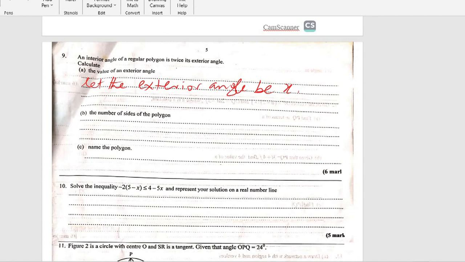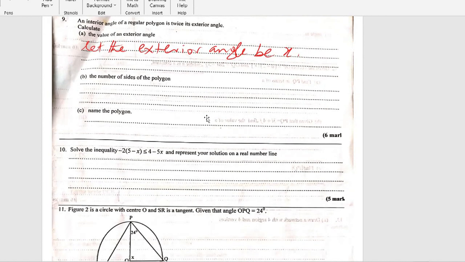It means the interior is 2 times x, 2x. Now, we know that interior angle plus the exterior angle should give us 180 degrees. So we have 2x plus x is 180 degrees, and 2x plus x is 3x. You divide both sides by 3, x will be 60 degrees.